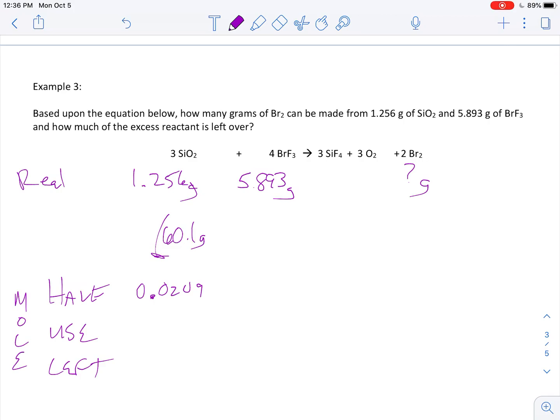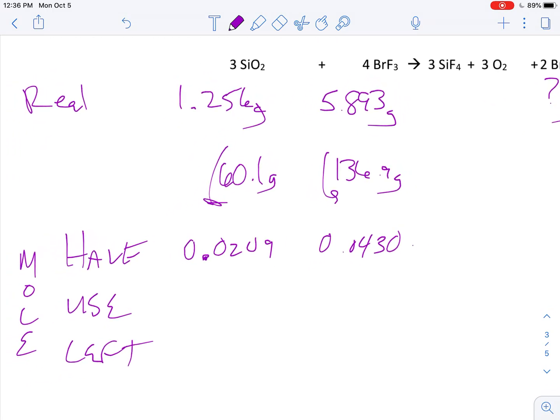Bromine trifluoride is 3 times 19 for the fluorine and 79.9 for the bromine. That stuff weighs 136.9 grams. So that at the 5.893 should be about 0.0430 moles that I have there.